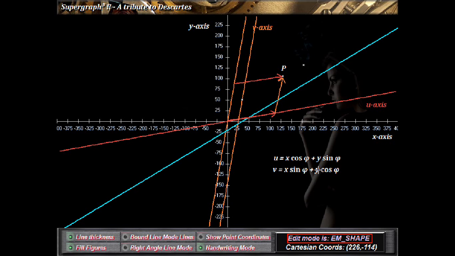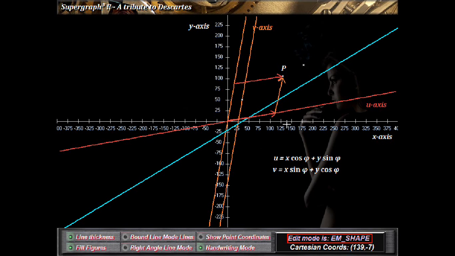So the relation between u and v would be a linear one, definitely, right? Because this would just be some scaling factor times x, and this would be another scaling factor times x. Moving along this line in a uniform fashion is the same as increasing x in a uniform fashion.